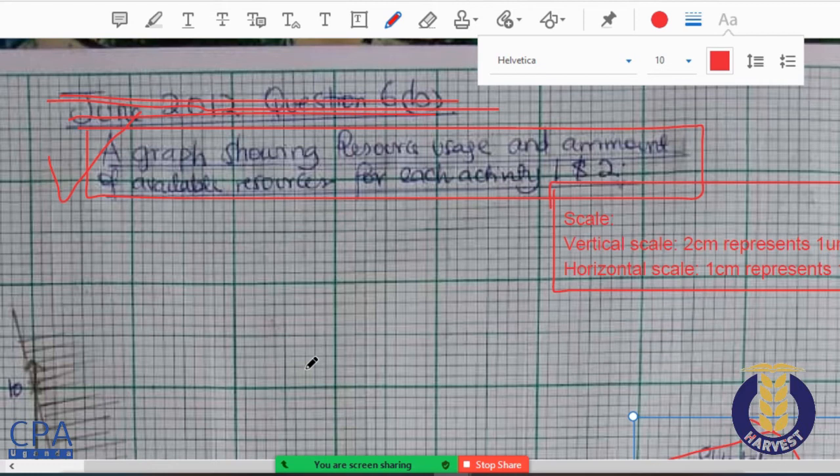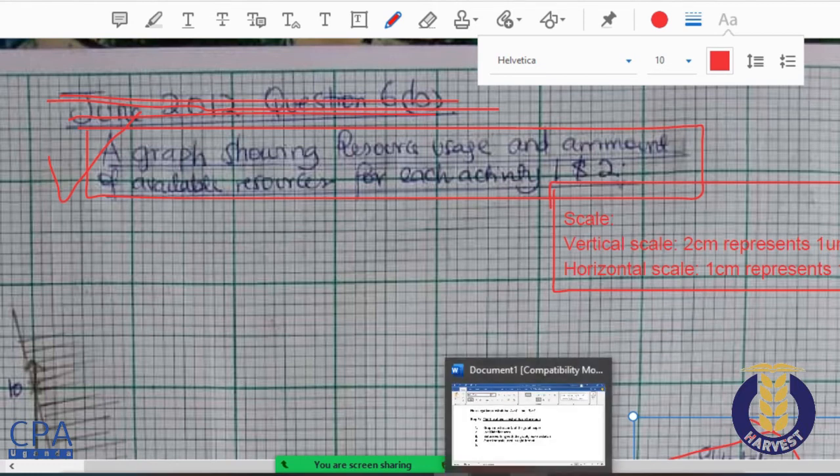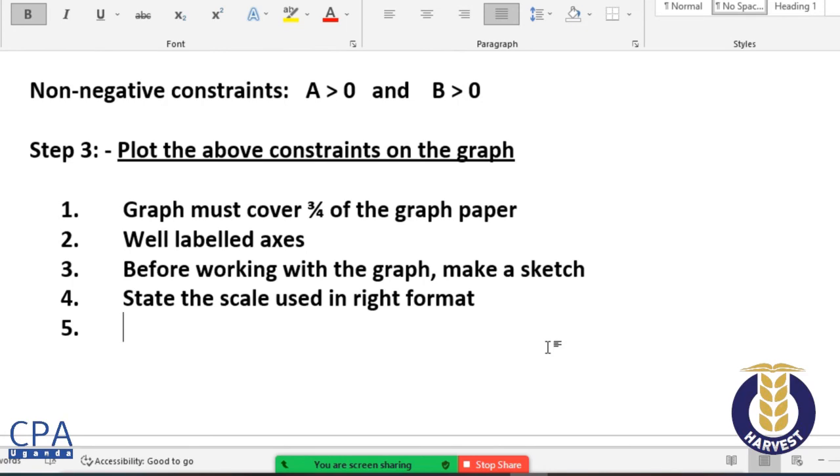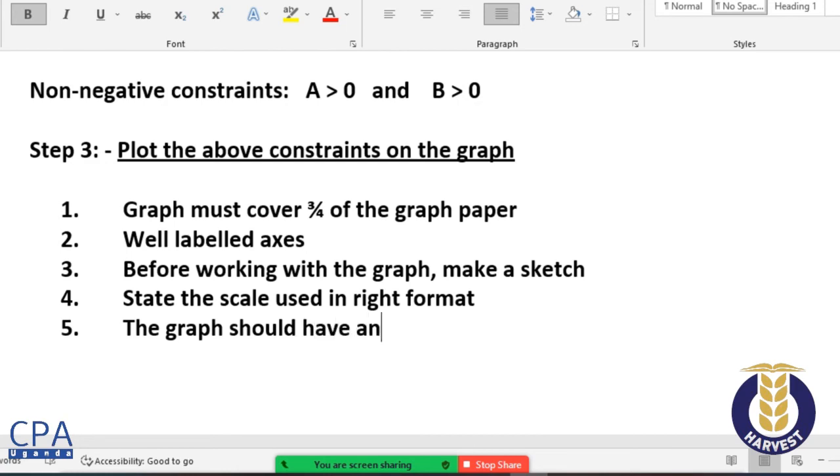If it is a funny title, we are not going to mark that title. So our next rule is an appropriate title. The graph should have an appropriate title.